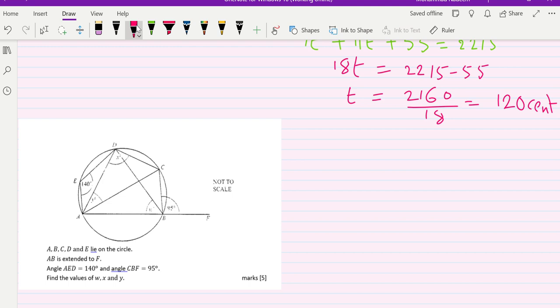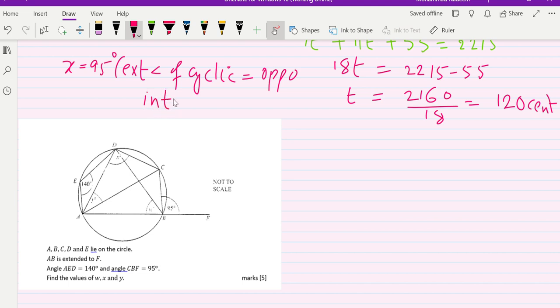So there are circle properties. One of them is the exterior angle of a cyclic quadrilateral, which is 95. It is equal to the opposite interior angle. So the opposite interior angle to 95 is X. So I will write X equals 95 degrees, and the reason is exterior angle of cyclic quadrilateral equal to opposite interior angle.